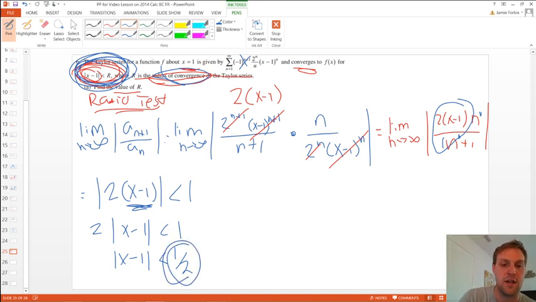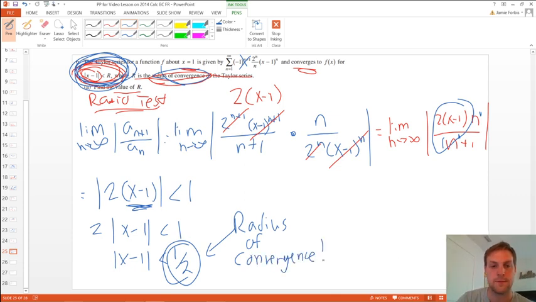Okay, so that's my radius of convergence. Simple enough. Okay, cool. And that's the ratio test. So I think that's still a good problem to try, and we should be pretty good with that. Okay. All right.